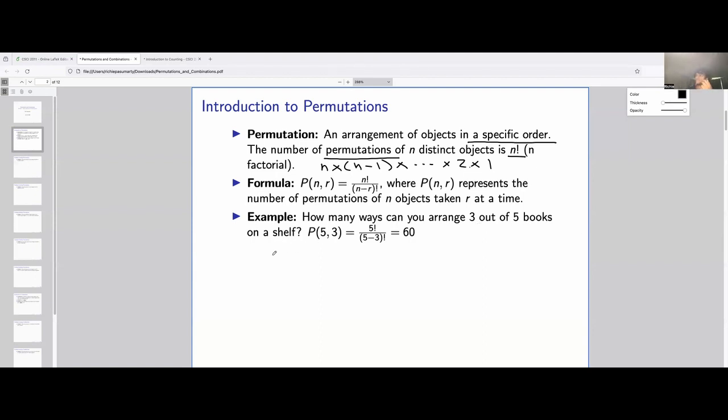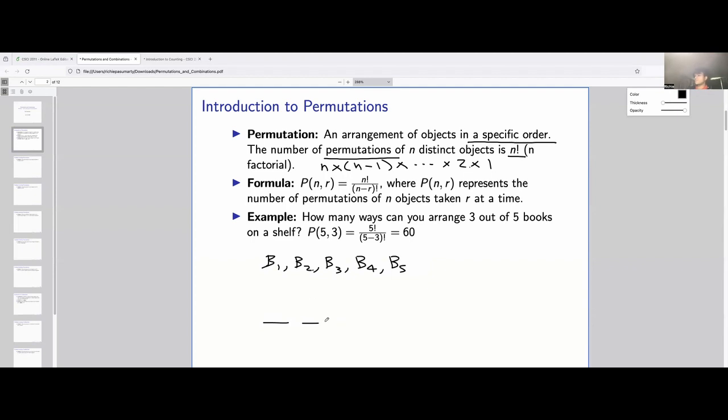Let me just call these books B1, B2, B3, B4, B5. So I have 5 different books, and the formula is P of 5, 3. Again, I rarely use this notation, but it's good to know.